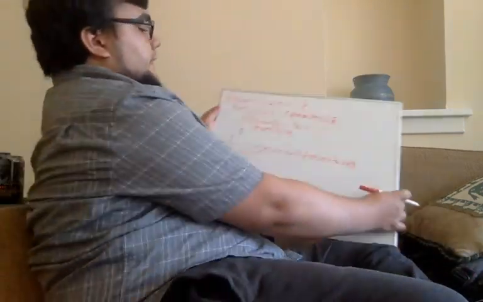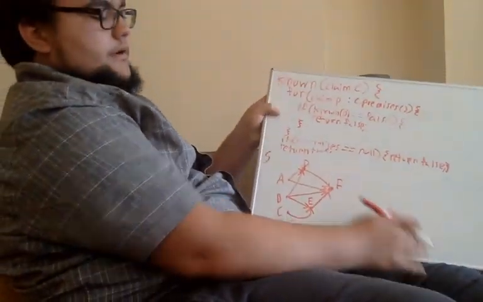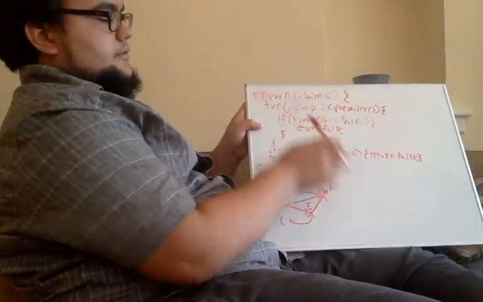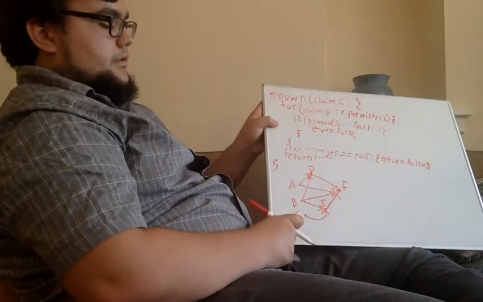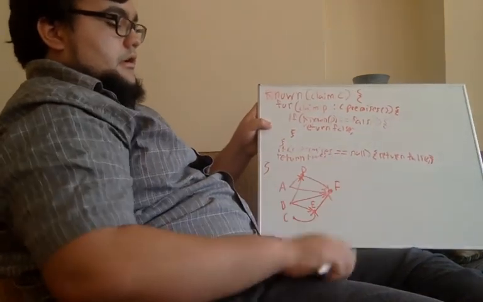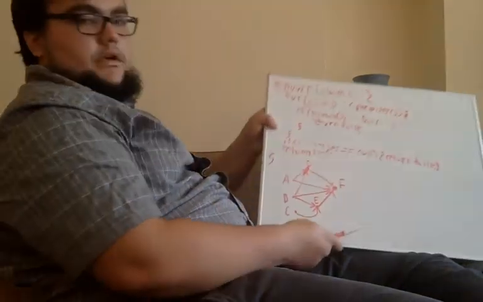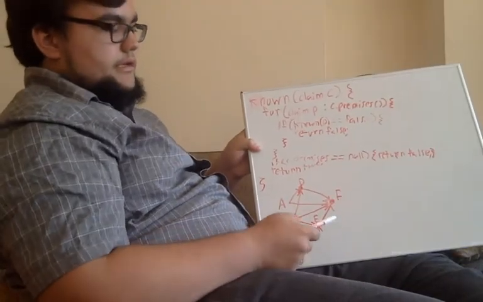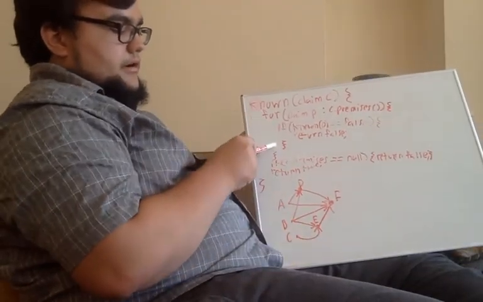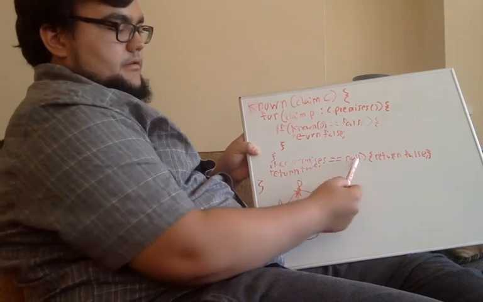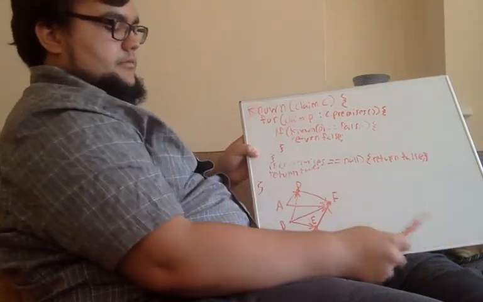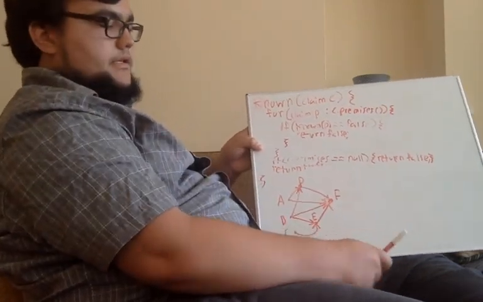Okay. So this is what we're going to use, and we're going to run through this as if we were the computer doing it. It's easy to see that if you start with A, B, or C, you're going to skip this part, and then the premises will equal null, so you return false. That's pretty easy to see.